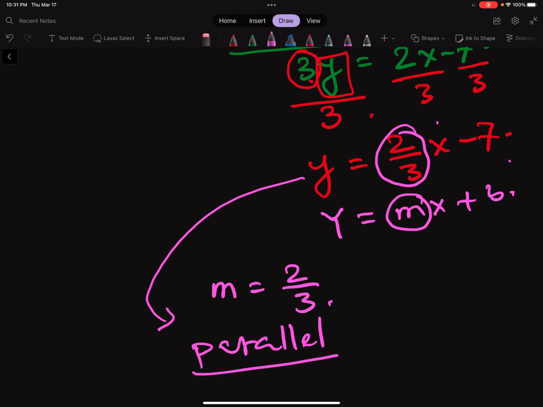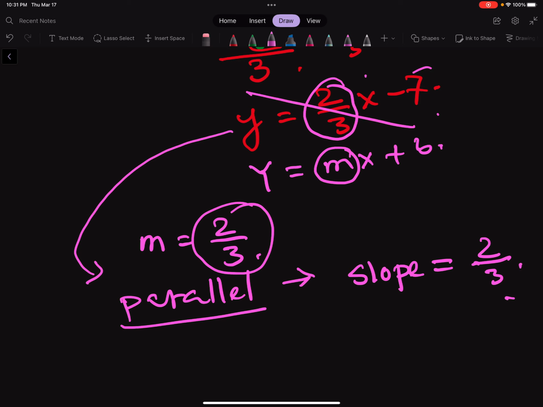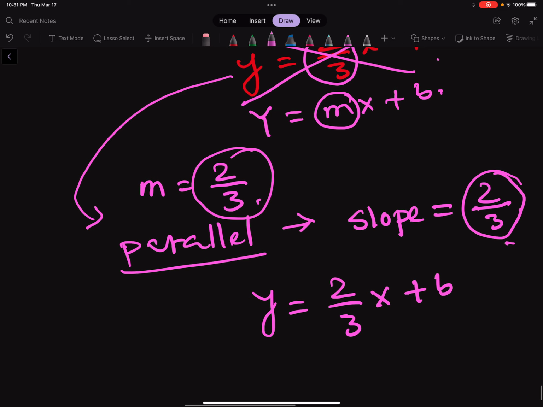So if it is parallel, what is the slope of the new equation? It should be the same, 2 over 3. Now you don't need this equation. Forget about it. Your new equation should be y equals 2 over 3 x plus b.